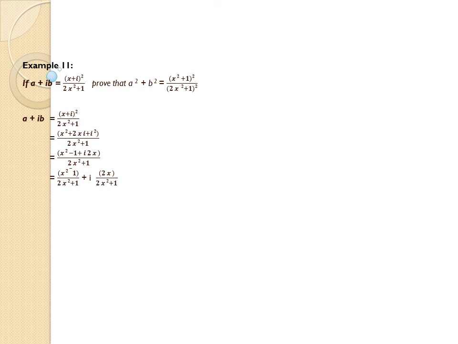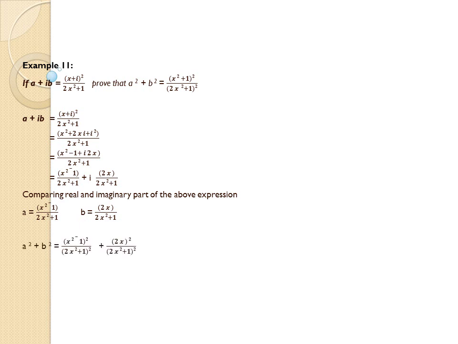I have put the minus as a prefix, not as a suffix, so that problem has happened. This is just a printing mistake, so please read it as x square minus 1. So comparing real and imaginary parts of the above expression, a equal to x square minus 1 by 2x square plus 1 and b equal to 2x by 2x square plus 1. Now I will go to the proof.